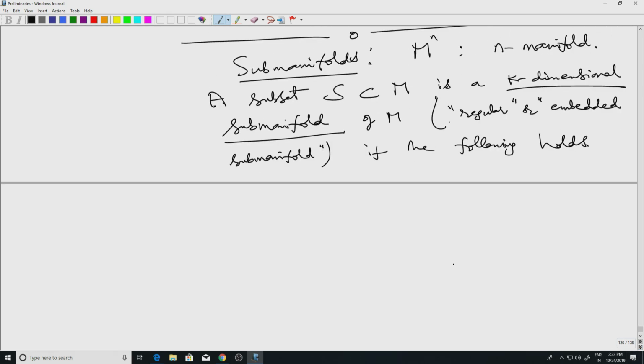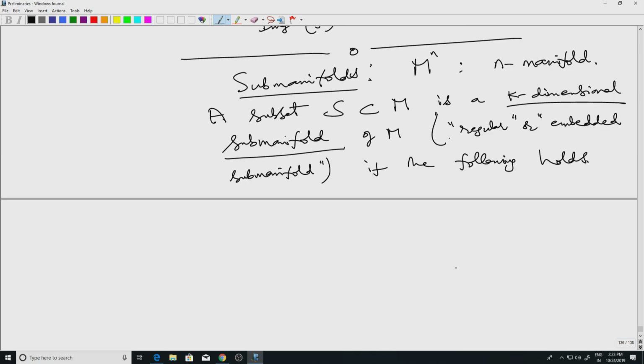The idea behind the definition I'm about to make is very simple actually. Not only should the subset S be a k-dimensional manifold by itself, the point is that it should be a submanifold. So in some sense, the charts that we obtain on S should be related to the charts on M. Now, the prototype for a submanifold, the simplest after all, what is a manifold?